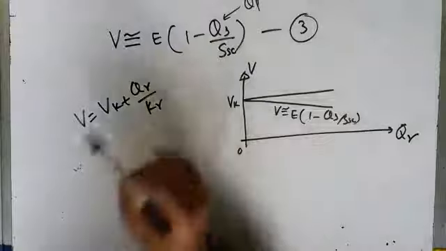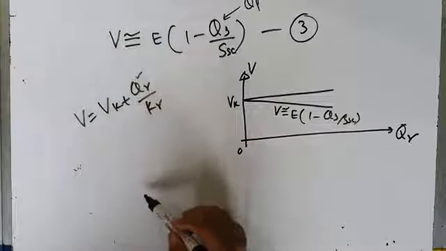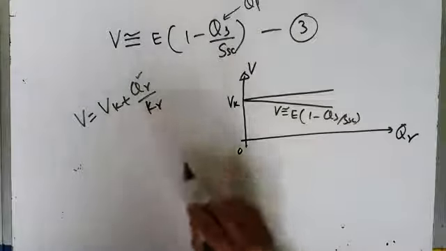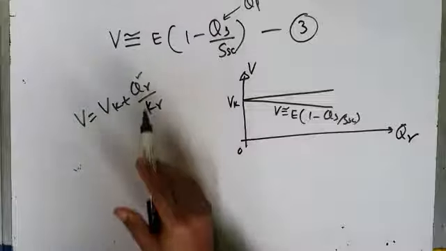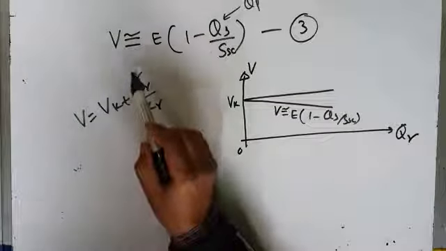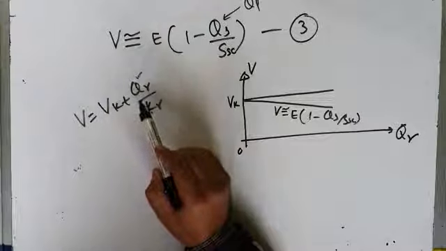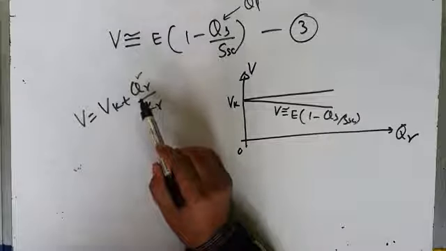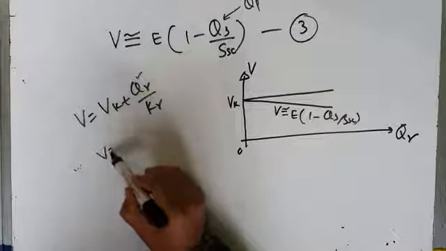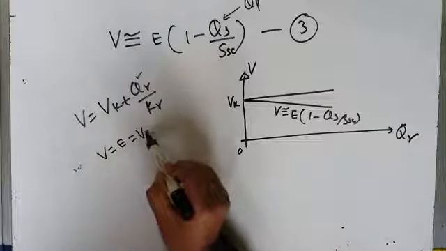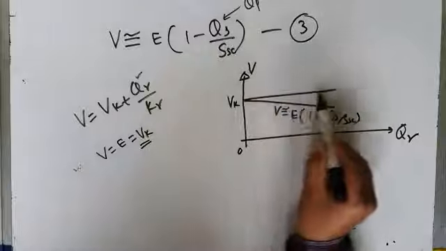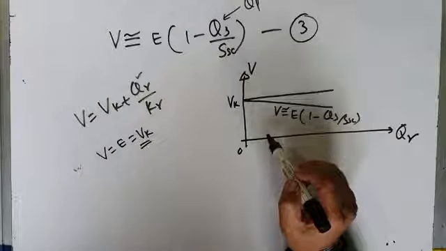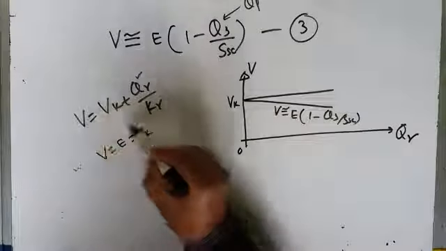It should inject the reactive power Q gamma into the system, which will compensate not only the load reactive power, but will also inject some reactive power into the supply system, making the supply or source current leading in nature, which will make V equal to E or V equal to Vk, the rated voltage, and it will maintain it constant at rated voltage.